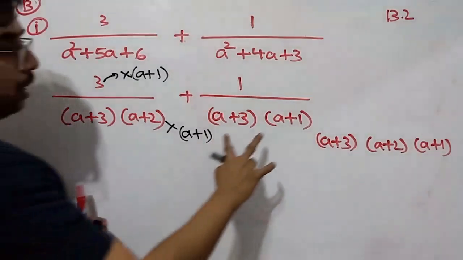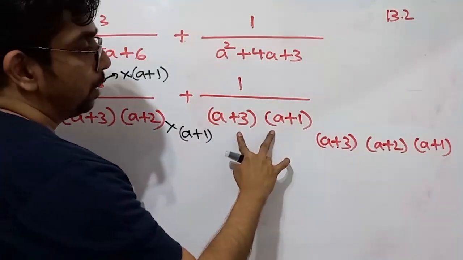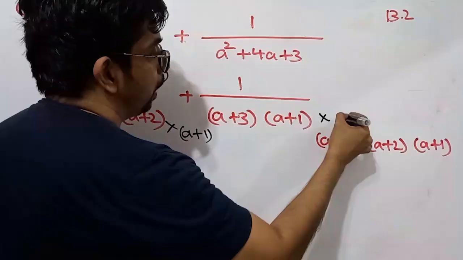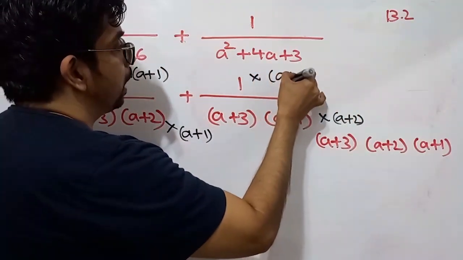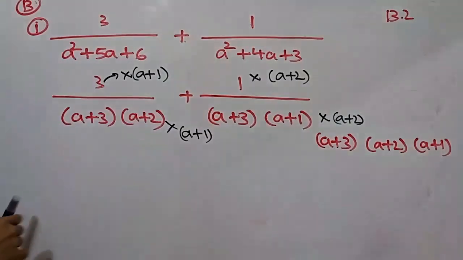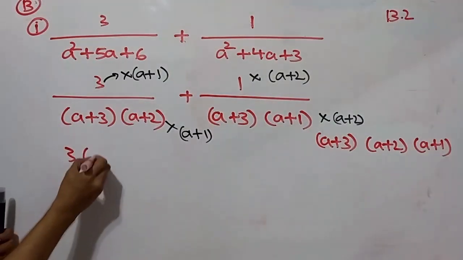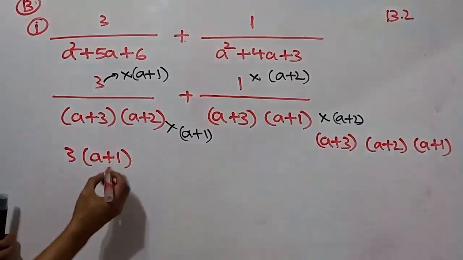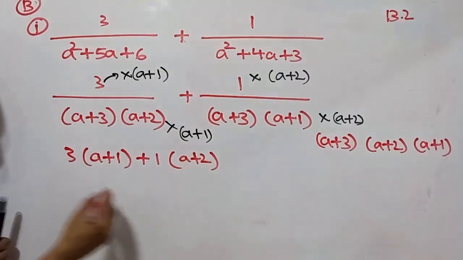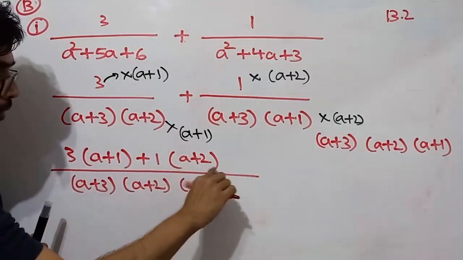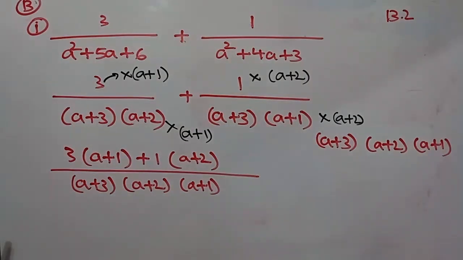These two expressions we need to multiply by what? a plus 2. That means we need to multiply 1 by a plus 2 as well. So 3 within brackets a plus 1 plus 1 within brackets a plus 2. Then the entire expression needs to be divided by the LCM.